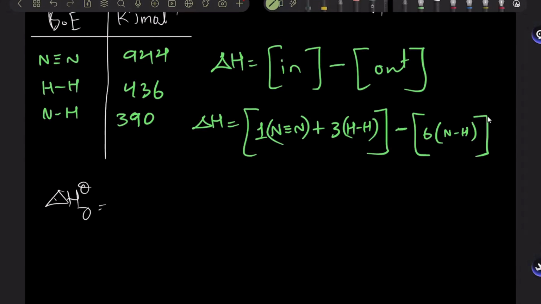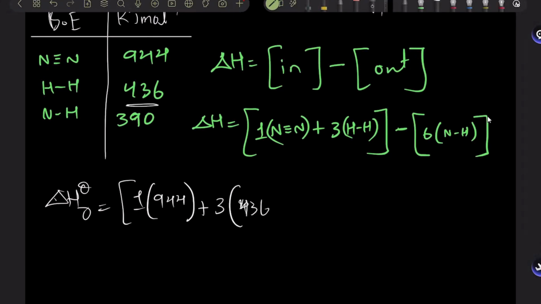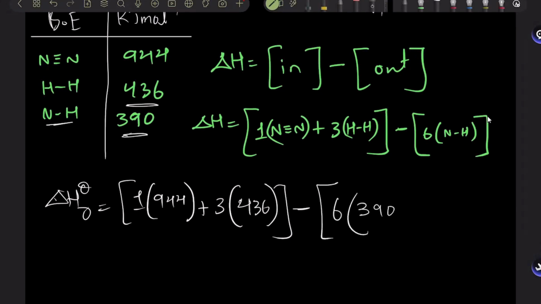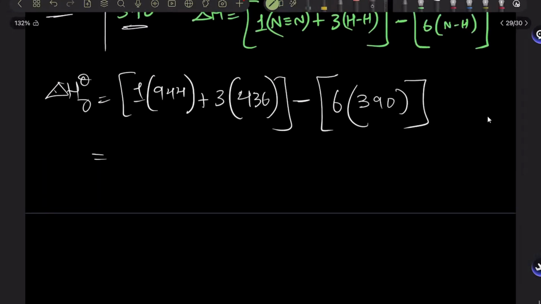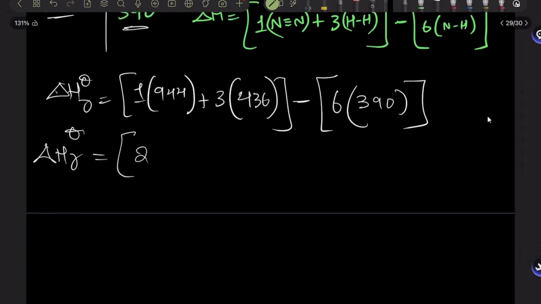Delta H naught of reaction would be equal to 1 times the nitrogen-nitrogen triple bond, that's 944, plus 3 times the hydrogen-hydrogen single bond, that's 436. That's all minus 6 times the nitrogen-hydrogen single bond, that's 390. So the first bracket is 944 plus 3 times 436, that's 2252.